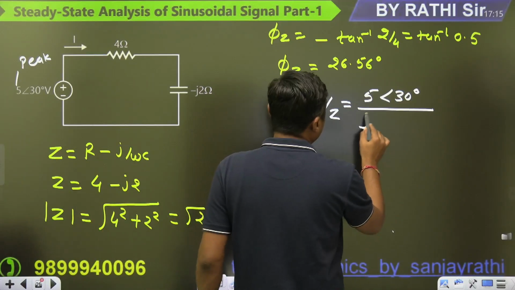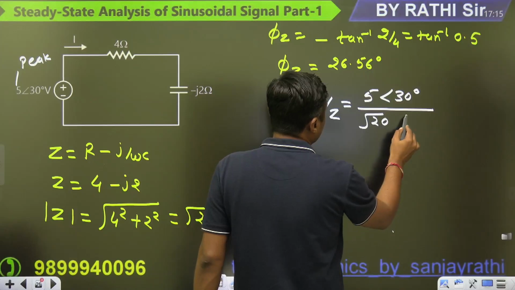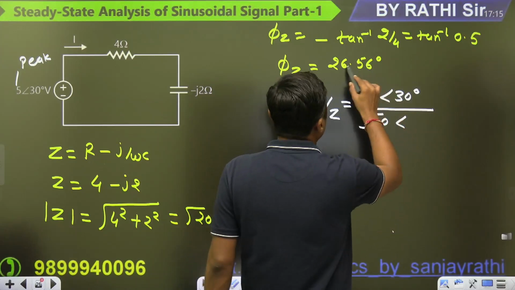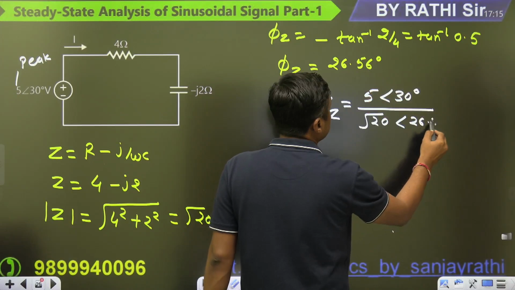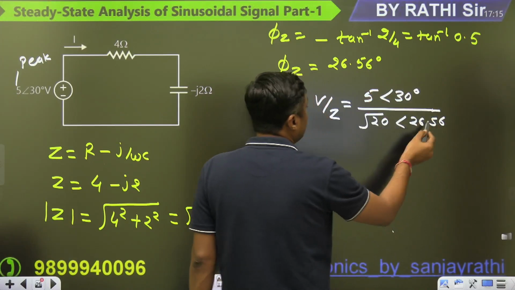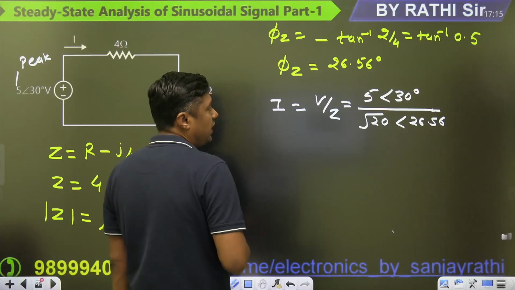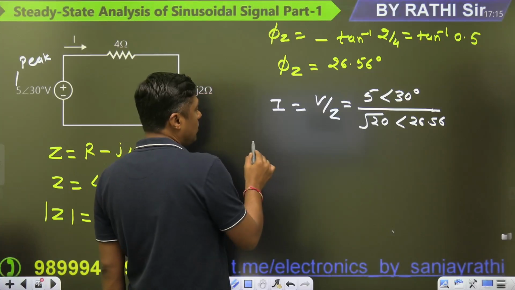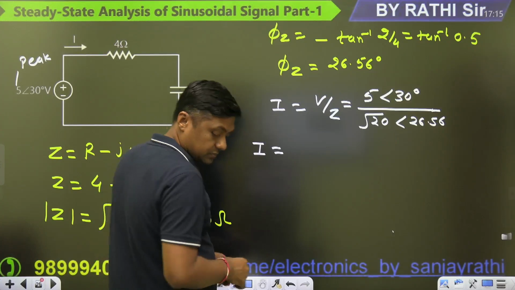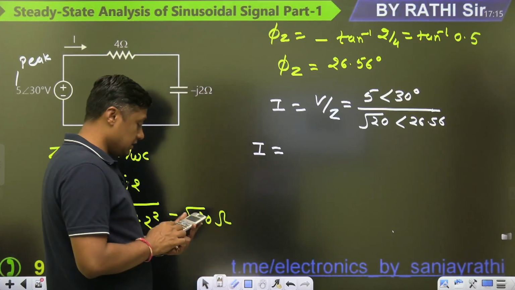What is the Z? Z's magnitude is root 20. What is the angle of the Z? 26.56. This is the magnitude and that is the 26.56. From this you can find the I. So what is the I here?